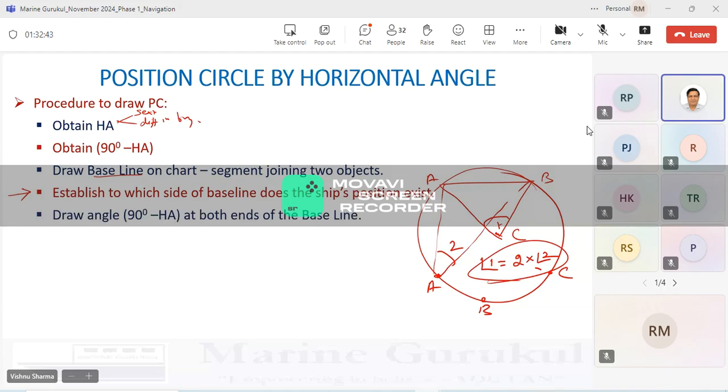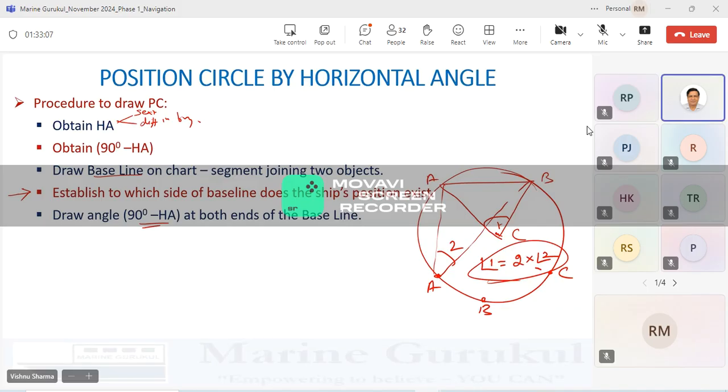Now we have to draw this angle which we obtained, 90 minus horizontal angle in step 2, at both ends of the baseline. I'll show you through an example. Don't worry, when it is written in text it can sometimes be confusing. When we execute, you will find there is no problem at all.